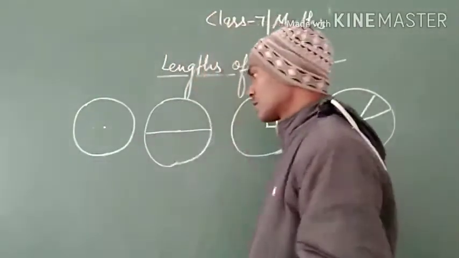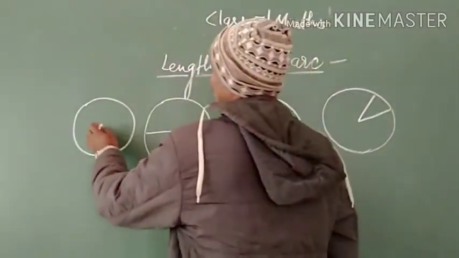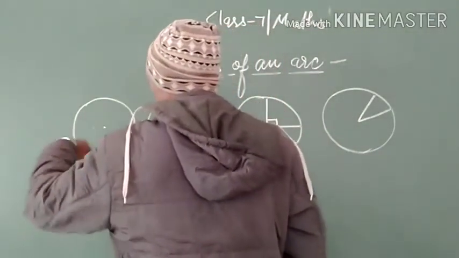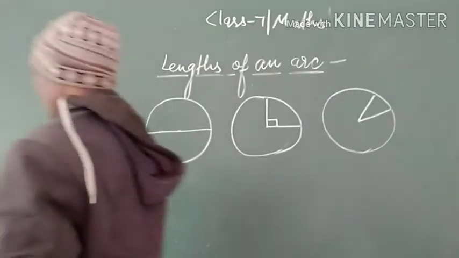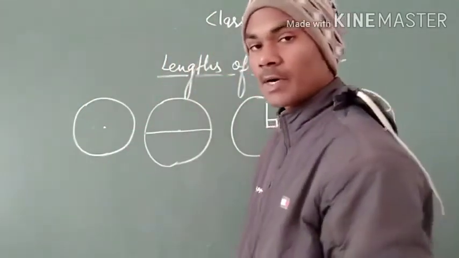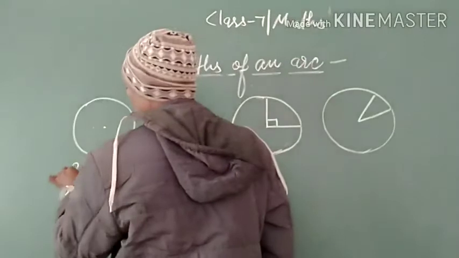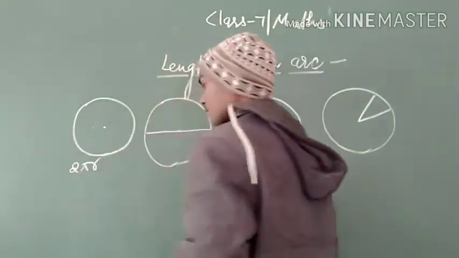Here we can see that the length of the total circumference is 2 pi r.